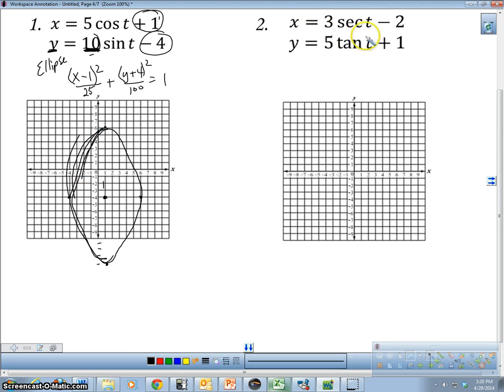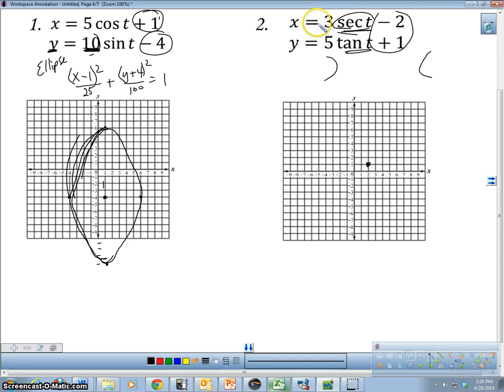Okay, so let's take a look at this one. We know we have a secant and a tangent. We know that the secant always comes first. So this is going to be an x minus 2 squared. It's going to be an x minus y, which means it's going to go left and right. So we're going to do the same thing. We're just going to start with our center, which is going to be -2 and 1.